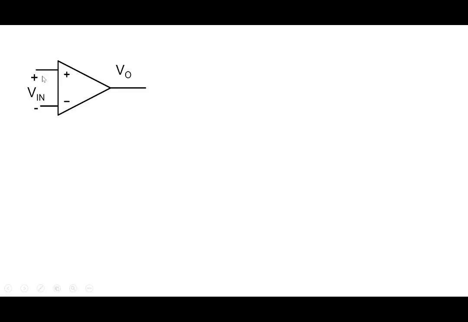So we are applying a voltage between these two terminals here, and we are taking an output here. Now the amplifier is complicated, right? Inside it there may be several transistors, resistors, power supply, all kinds of things. So what we are doing is determining an equivalent circuit model of the amplifier.